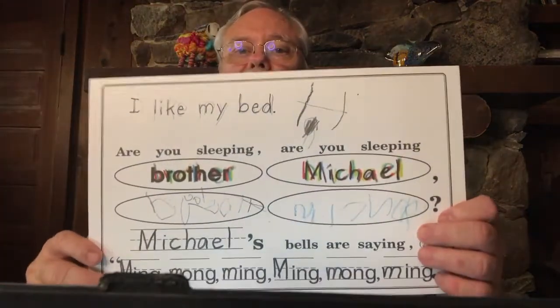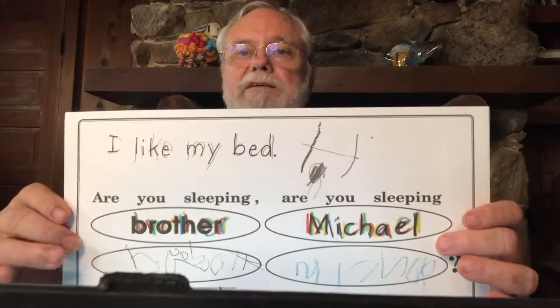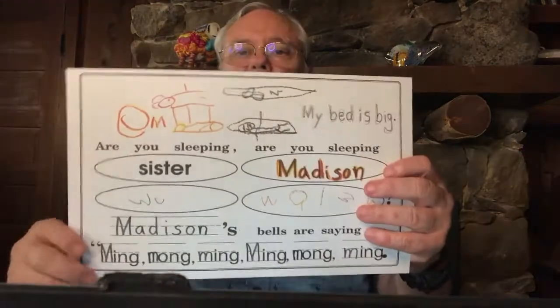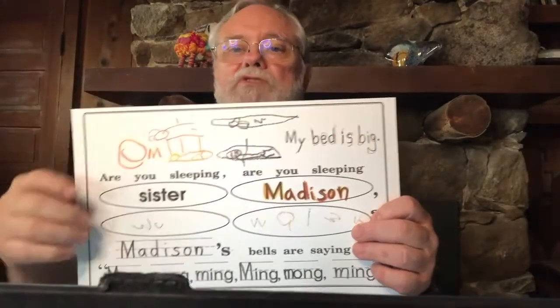So here's an example of Michael's page, and he has drawn a picture. And when I asked him about his picture, he said, "I like my bed." So I wrote that, and he traced over the top. And as I said, he could have copied it underneath. Here's Madison's page from the first day of kindergarten, and she's drawn her picture of how she sleeps.